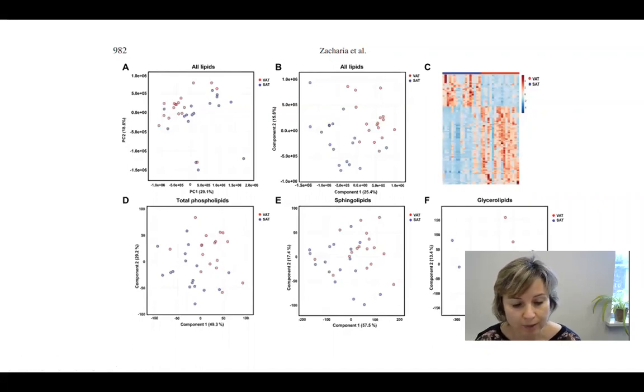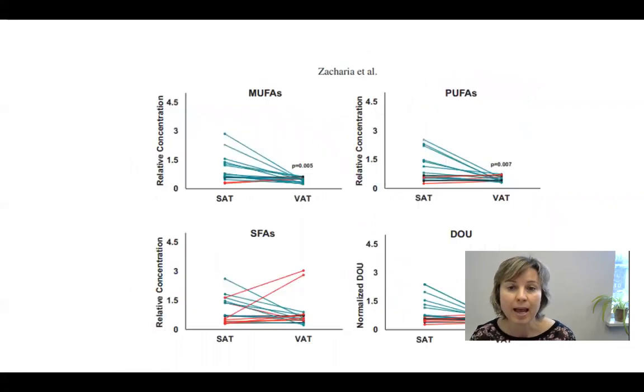The subcutaneous fat had higher accumulation of phosphatidylcholines, tri and diacylglycerols, but lower concentrations of ceramides, and the unsaturated fatty acid content was lower in the visceral fat.